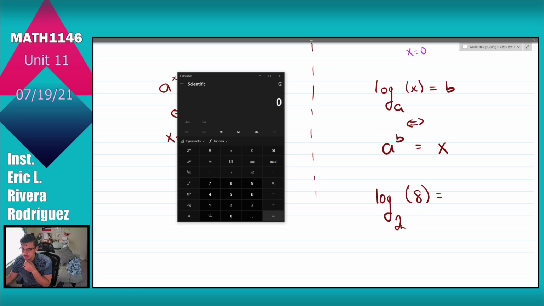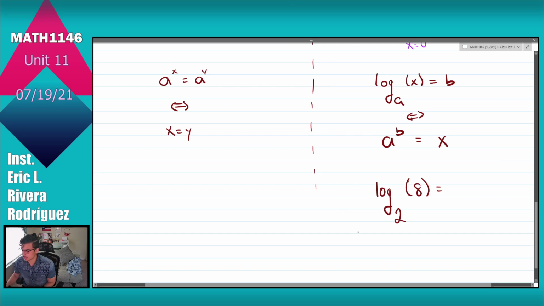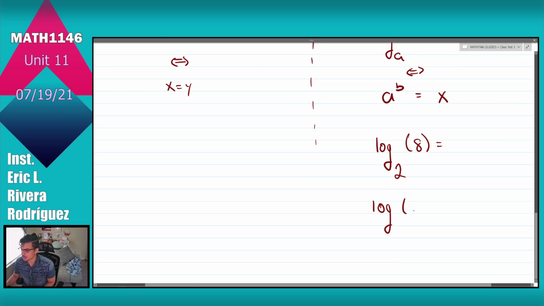So let's do another one, and I'm going to solve this one because Bernard already solved it. He gave us the answer in the chat. But let's use one that you can do with your calculator. So the first one, log base 2 of 8, is 3.